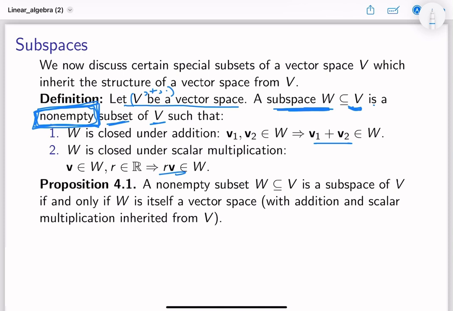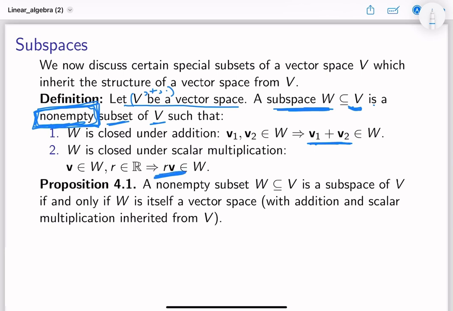Well, the only thing you need to do is check that it's not empty, and by that I mean find an element there so that you can convince me it's not empty. The second thing, prove it's closed under addition, and the third thing, prove it's closed under scalar multiplication.